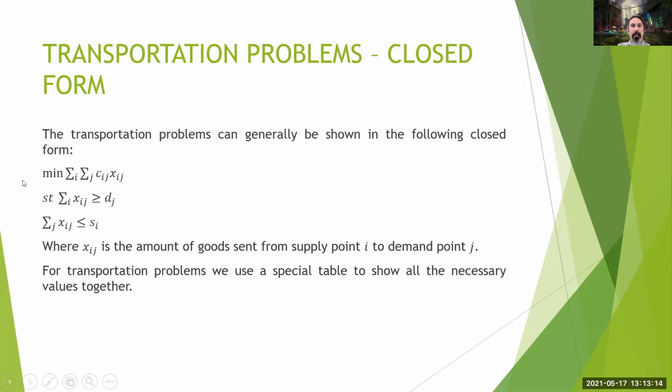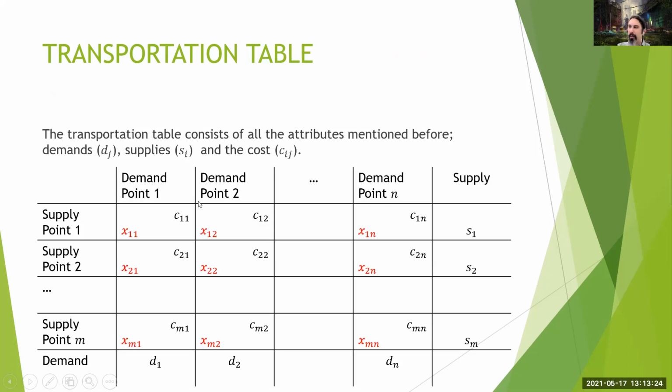It's a closed form. But when we are talking about transportation problems, we're not going to use the closed form. We're going to use a special table for that one. Now, this is the table. As you can see, on the left side, we will have supply points, and on the top side, we will have demand points. Now, each supply and demand point has a cell for it.